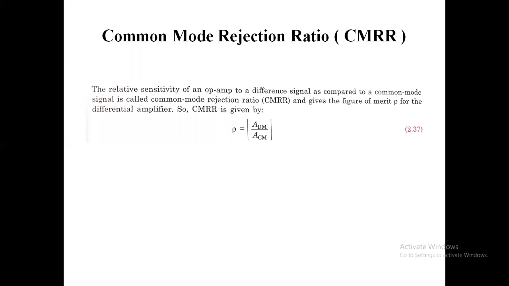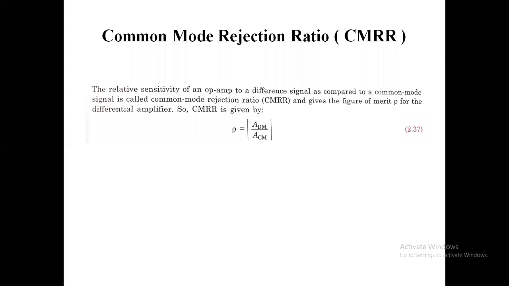If V1 is equal to V2, both input voltages are the same, and the differential amplifier operates at a particular mode, that is called common mode configuration.